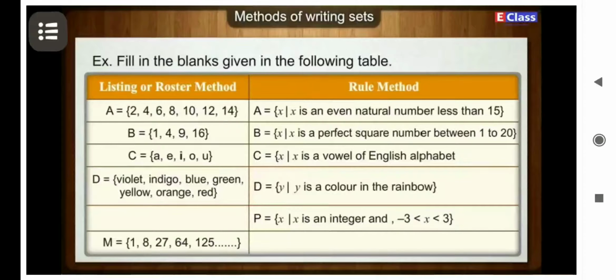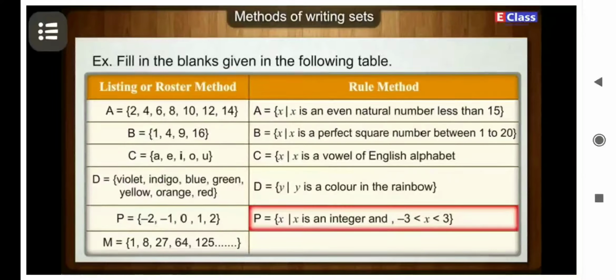Listing or roster method: P = {-2, -1, 0, 1, 2}. Rule method: P is a set of x such that x is an integer and -3 < x < 3.